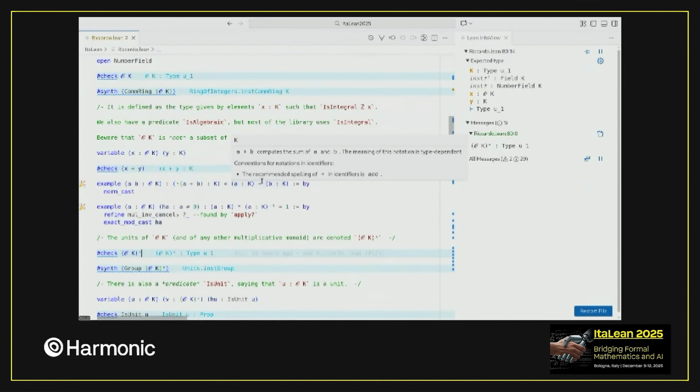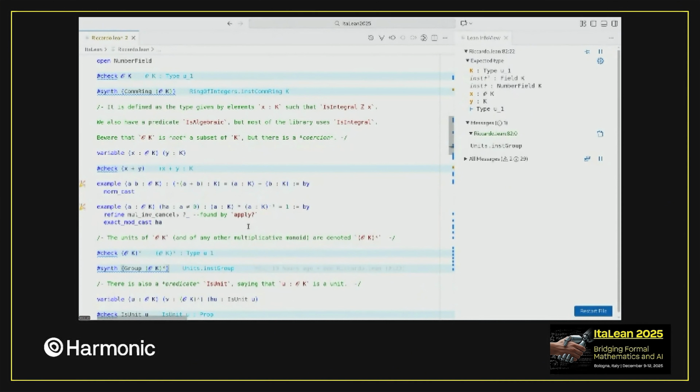So if you write OK star, technically it is an x, but it really looks like a star. This is the group of units of OK. And you see that Lean knows that this is a group. Okay? And now you have exactly the same problem as before, meaning that this is technically not a subset of OK, it's a new type. And it's exactly as before. There is a coercion from the units to OK.